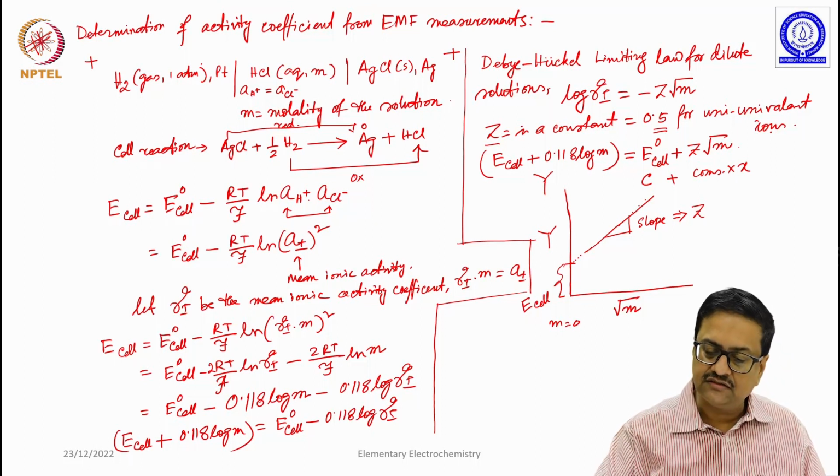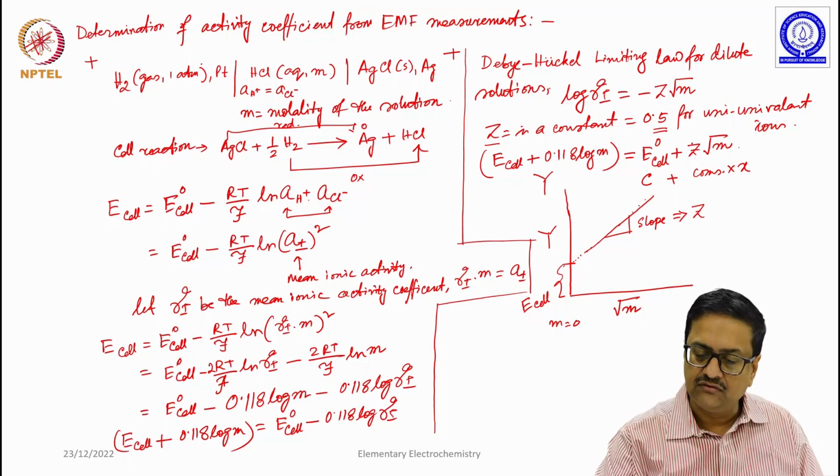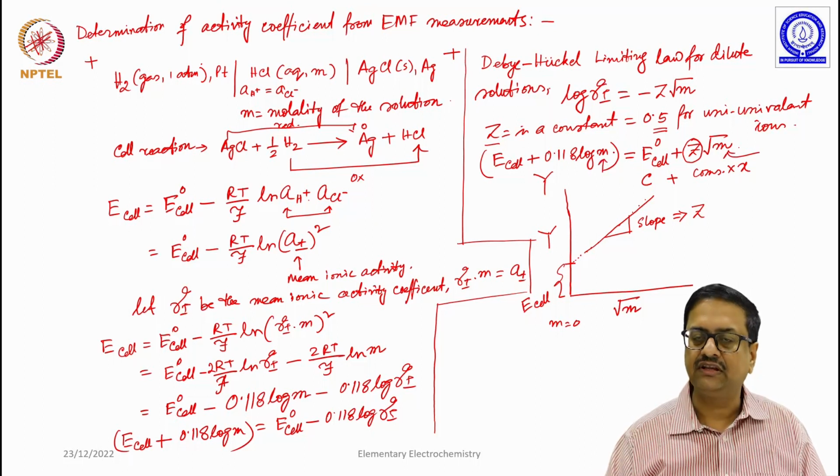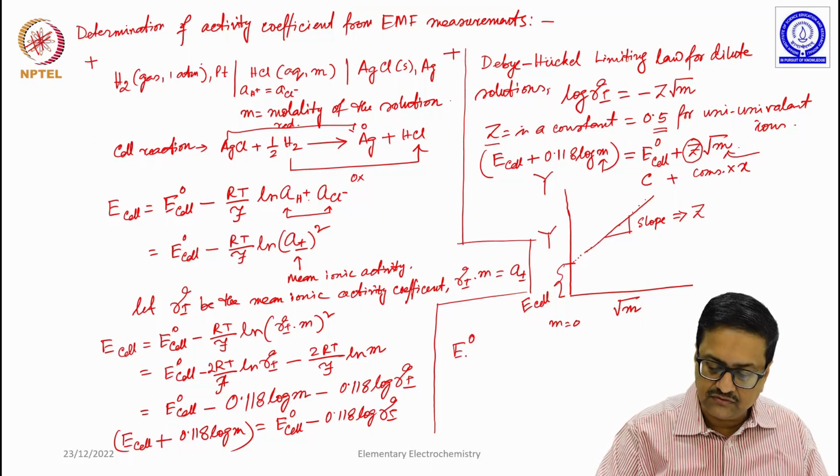So when this E0 cell is known, and y is known, we know the value of z. For a given value of m, we calculate the value of E cell, and one can easily calculate the value of E0 cell.